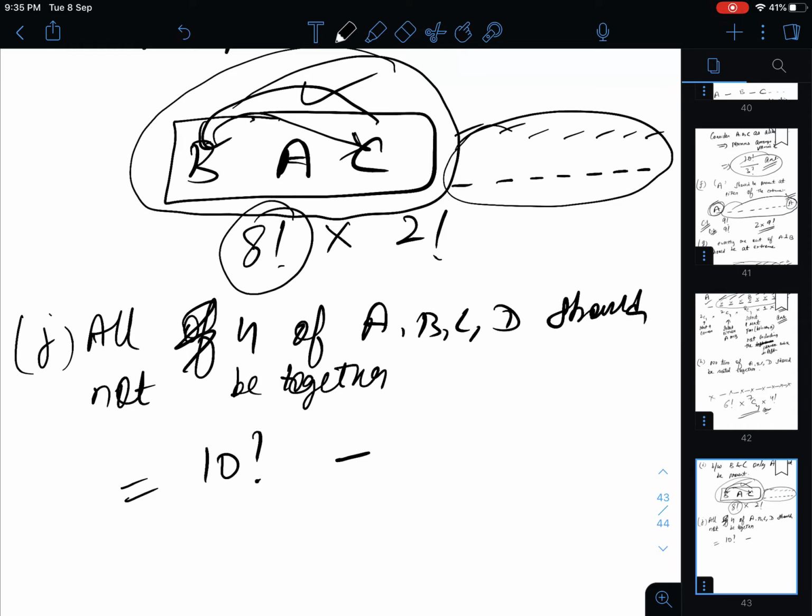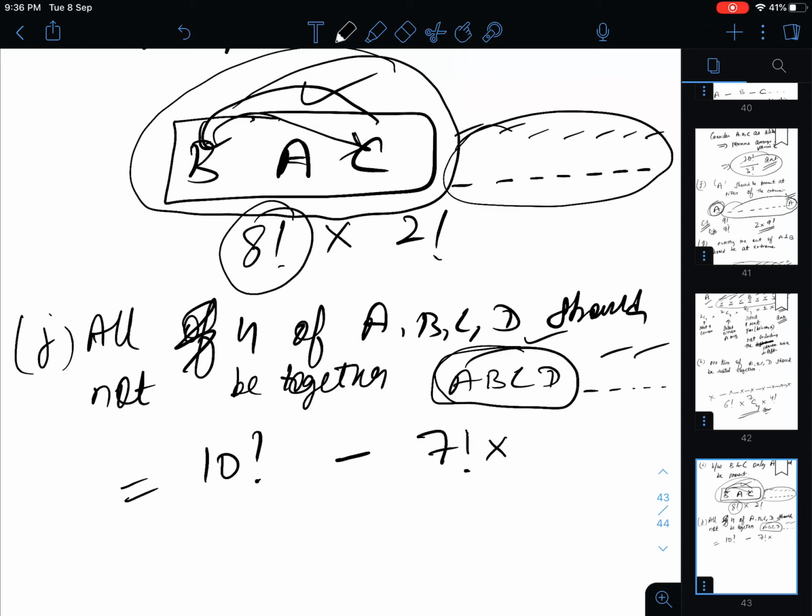Now when A, B, C, D are together, you tie them as a unit, and then you have 6 more places. So you have total 7 objects. So minus 7 factorial into intra permutation amongst A, B, C, D. This is your answer. Okay.